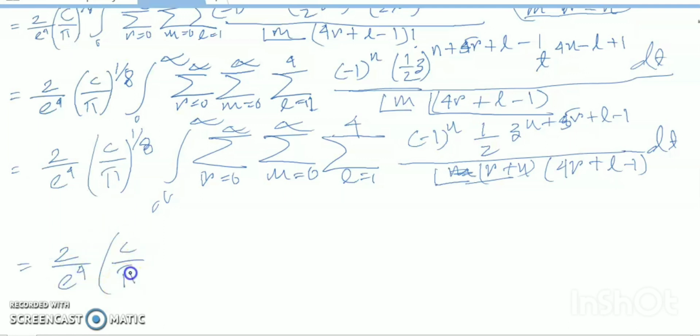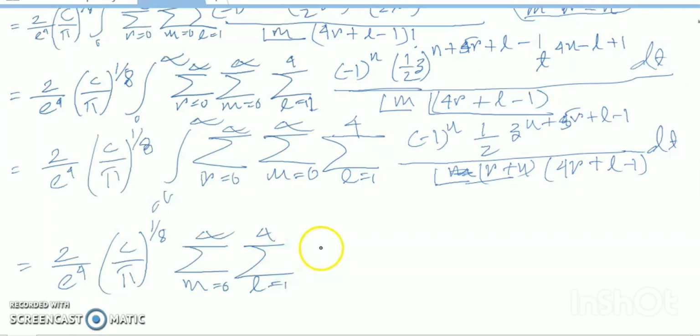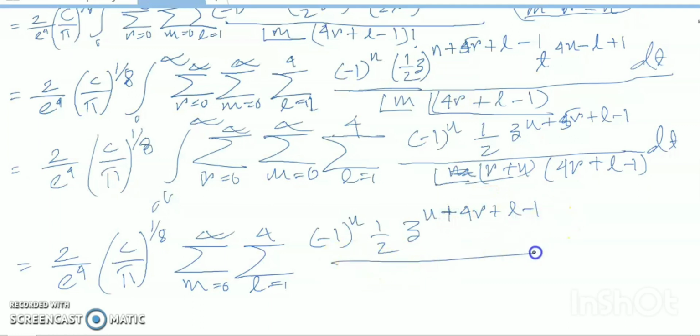Now it can be written in a more simplified way: 2 divided by e to the power 4, (c by pi) to the power 1 by 8, m equals 0 to infinity and summation l equals 1 to 4, minus 1 to the power n, half into z to the power n plus 4r plus l minus 1, divided by minus z by 2.